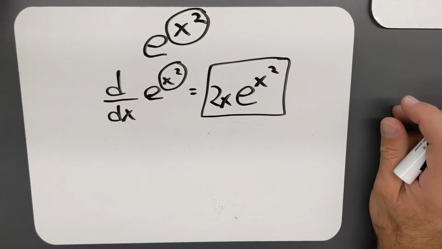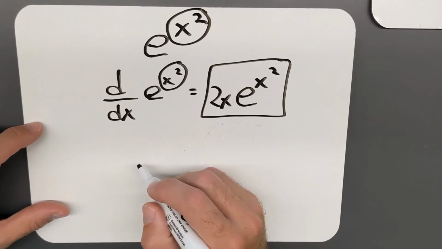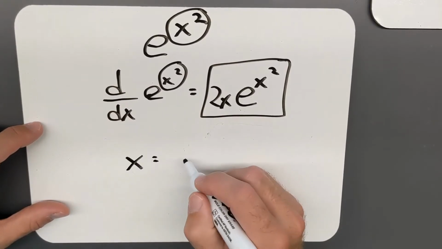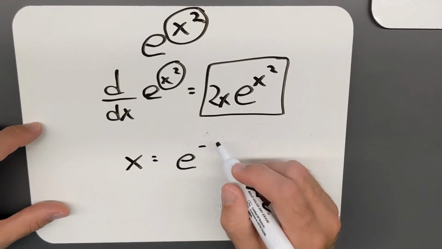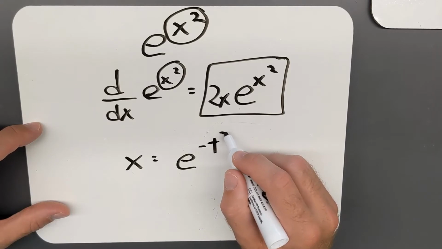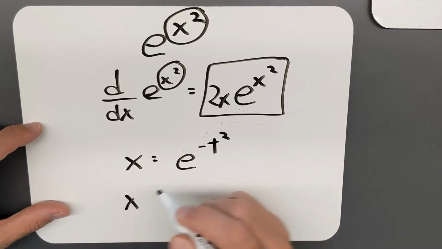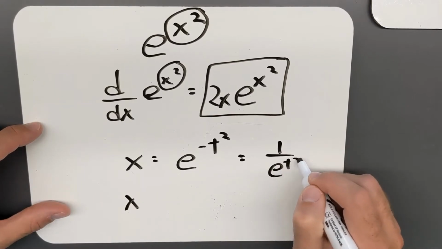Now, let's say x is equal to e to the negative t squared. Remember, this would look like e to the negative t squared.